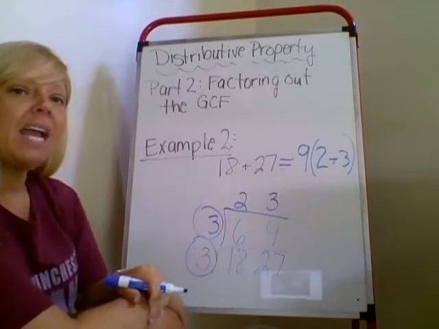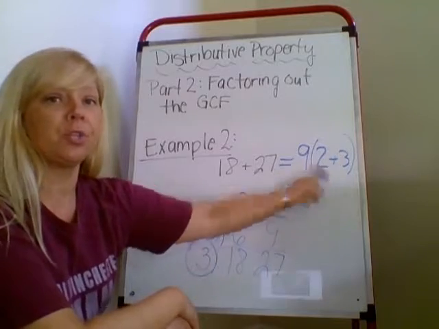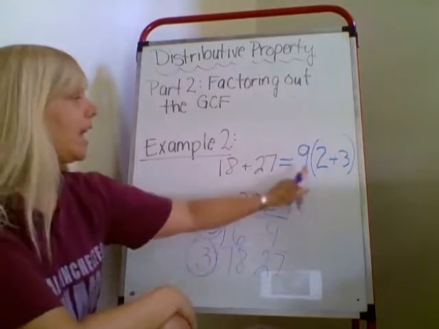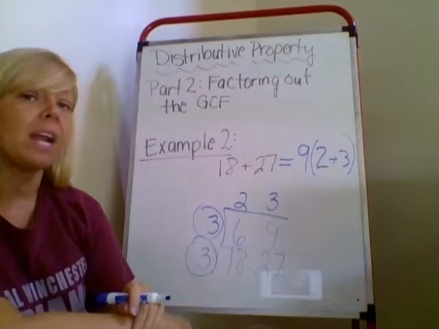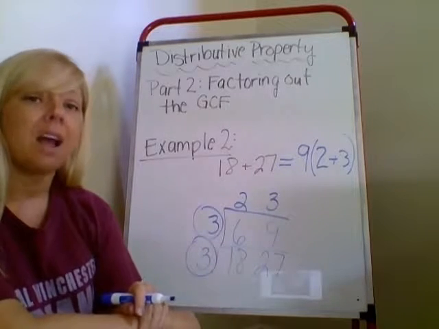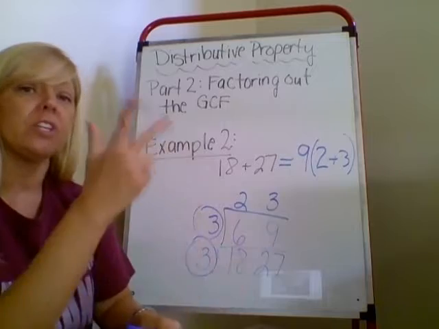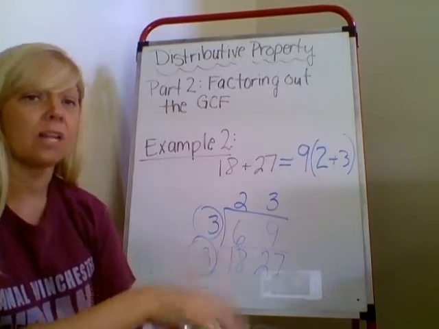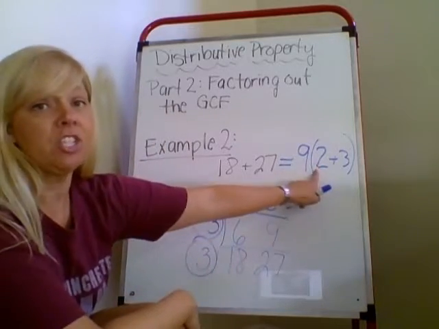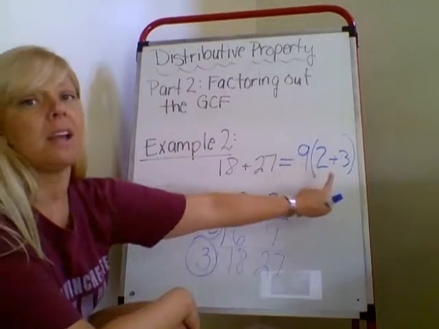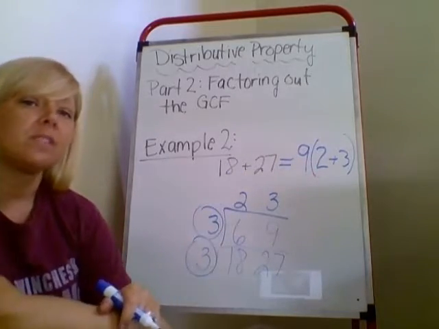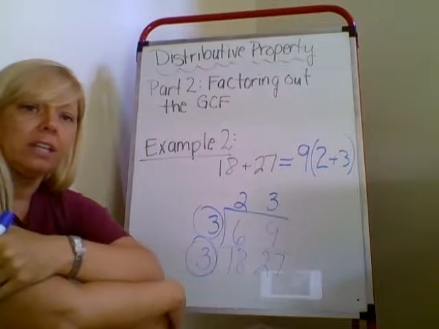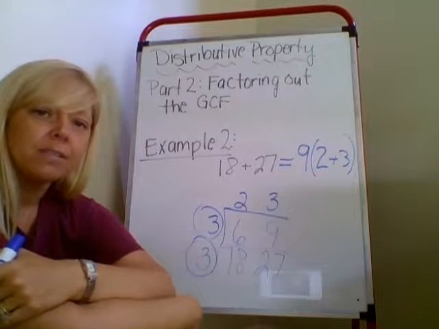So this means I have 9 groups of 2, which is 18, and I have 9 groups of 3, which is 27. Because again, if I write out 2 plus 3 nine times, I'm going to have 9 2s, which are 18, and 9 3s, which are 27. So these are both equivalent forms of the same expression, just written in different ways.